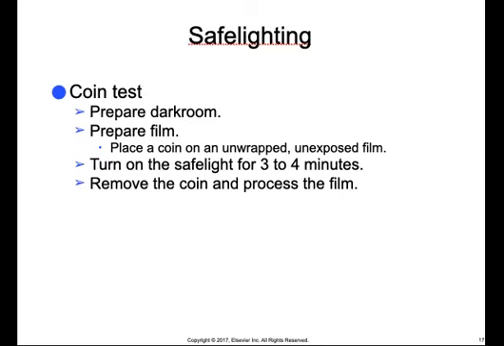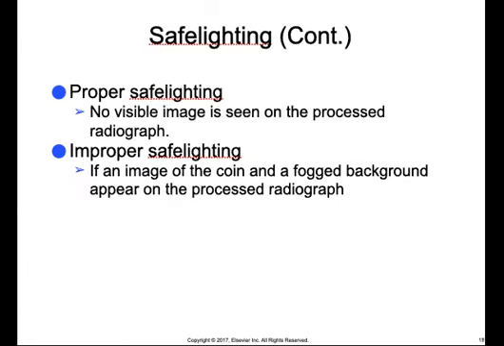Then we'll go ahead and process the film. Remove the coin first and then process the film. If the image appears fogged, the safe light is not safe to use with that type of film. If no visible image is seen on the processed film, the safe light is correct and we can go ahead with film processing.